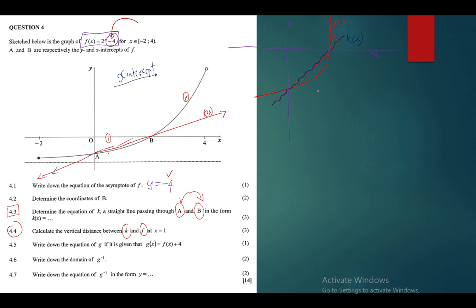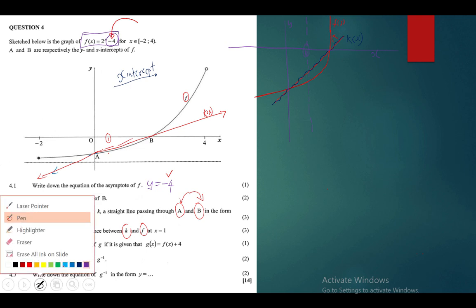So suppose they want to know the vertical distance between K and F at x equals to 1. Let's say here it's 1. Let me draw a dotted line touching x equals to 1 like this. So what they want is the vertical distance between K and F at x equals to 1.